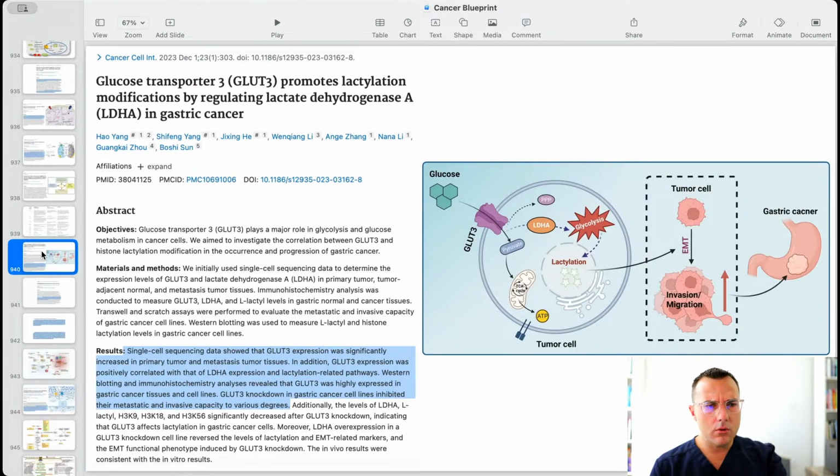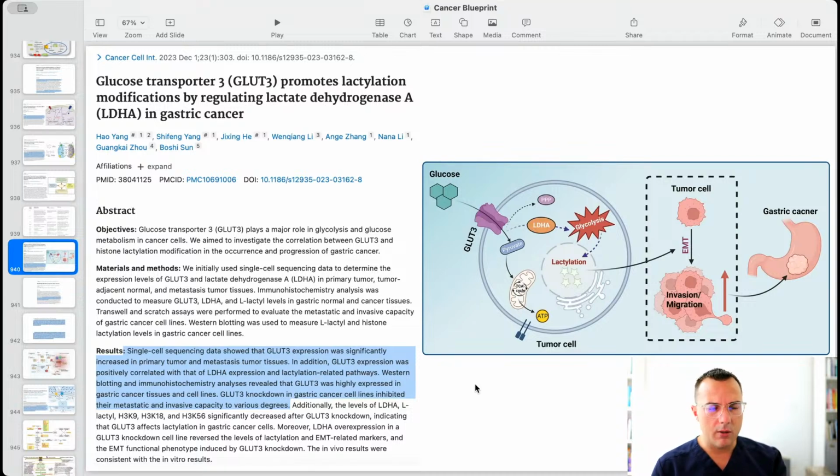So the next paper I'm going to show was published in December of 2023 and is titled Glucose Transporter 3, GLUT3, promotes lactylation modification by regulating lactate dehydrogenase A, LDHA, in gastric cancer. It says here that single cell sequencing data showed that GLUT3 expression was significantly increased in primary tumor and metastatic tumor tissues. In addition, GLUT3 expression was positively correlated with LDH expression and lactylation-related pathways.